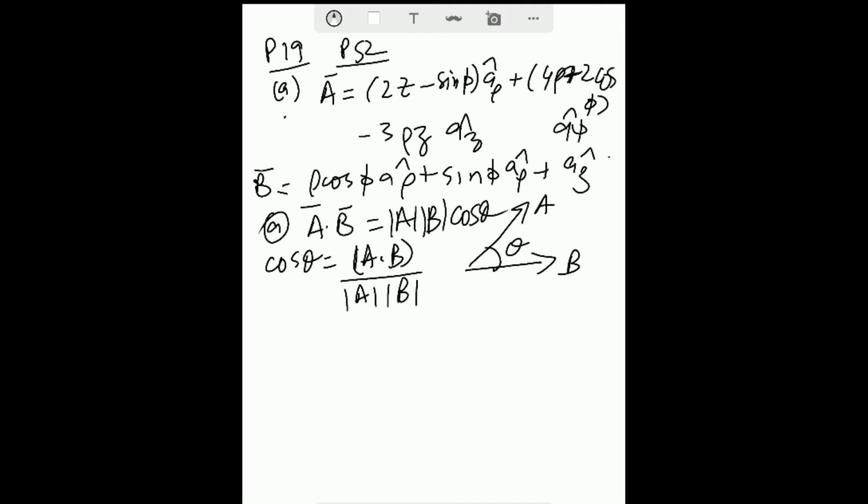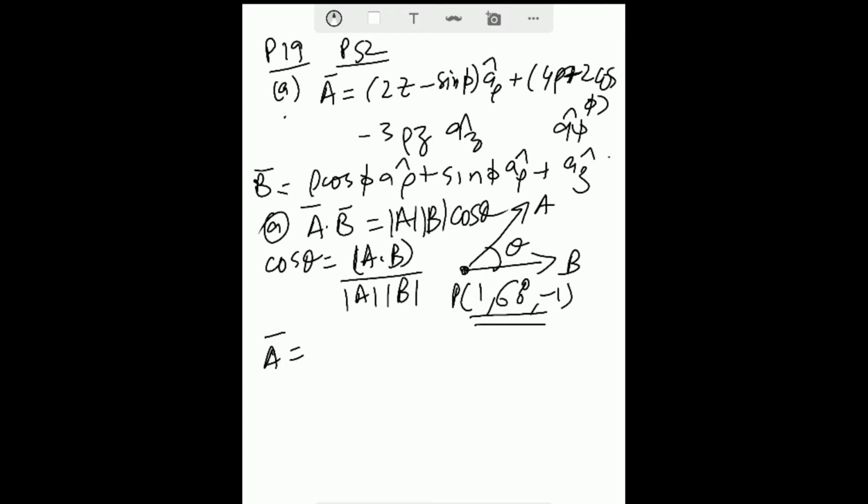So the first step is to calculate this at the point which is given by P, 1, 60 degrees and minus 1. So first we need to find the vector at this point. So A is equal to 2z minus sine phi a rho.